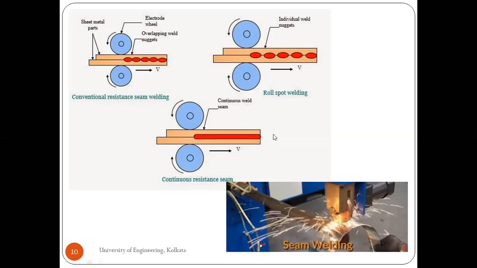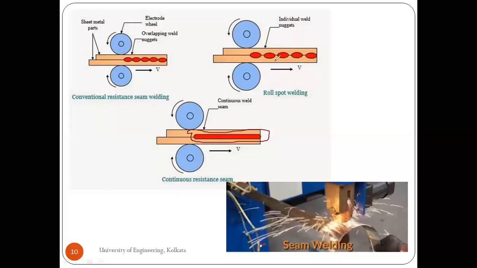However, in continuous seam welding, I'll show you here, this kind of thing, it will not be a nugget formation, but it will be a continuous line.